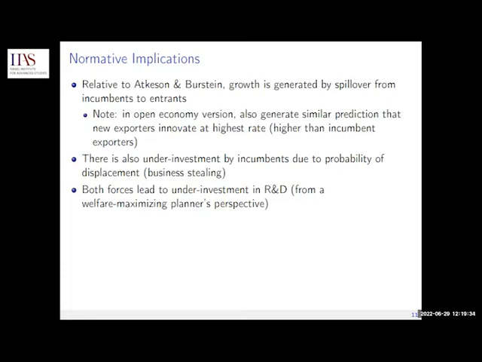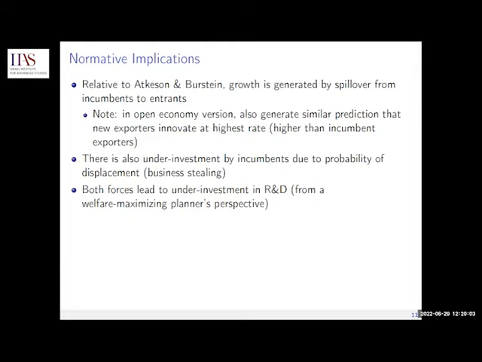Notice that in this kind of model, when there's entry, the entrant is always going to enter and wipe out the incumbent. So you're conferring a technology advantage to the entrant that's based on how far up the incumbent is. That's the spillover in this model.